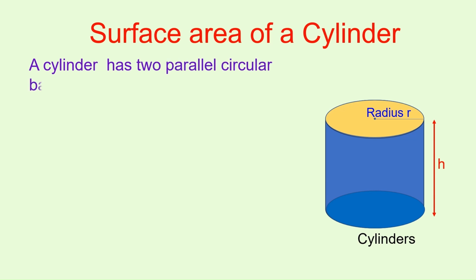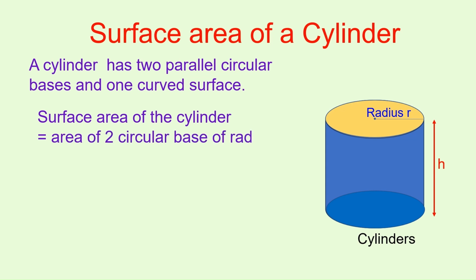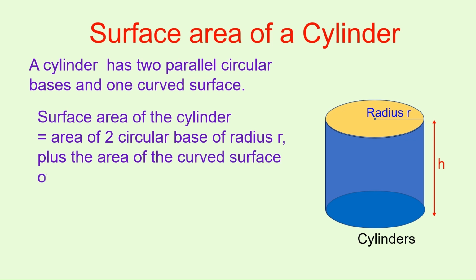Surface area of the cylinder. A cylinder has 2 parallel circular bases and 1 curved surface. Surface area of the cylinder equals the area of 2 circular bases of radius r plus the area of the curved surface of height h.